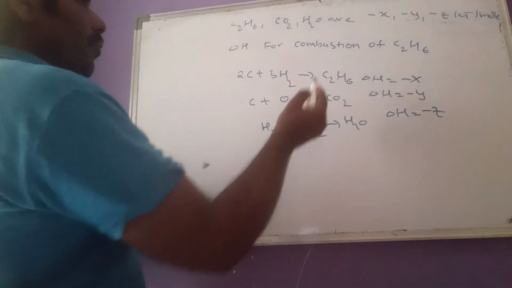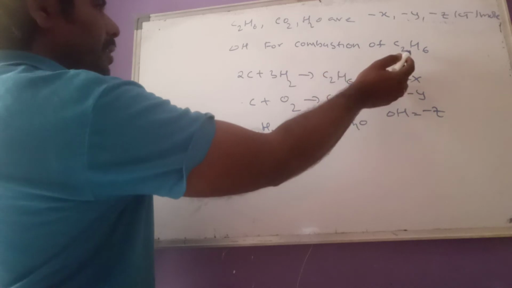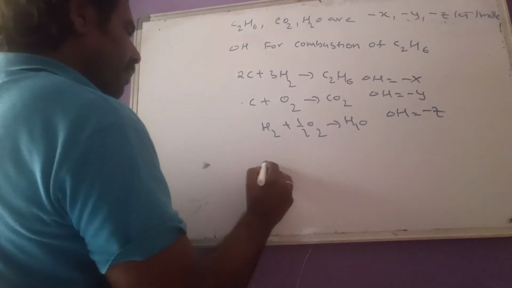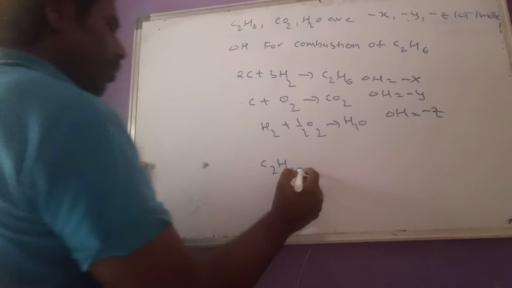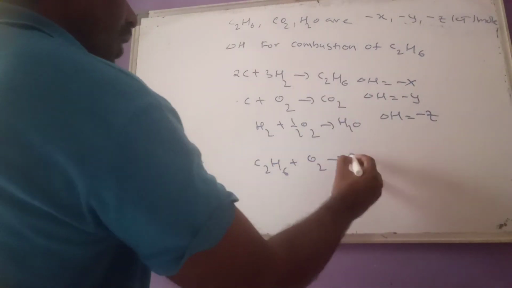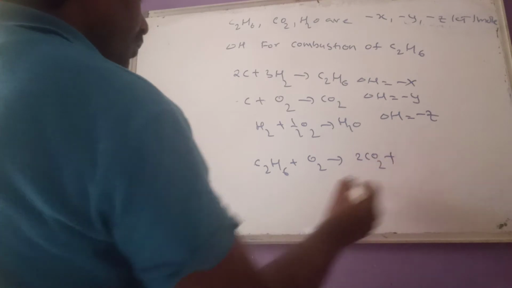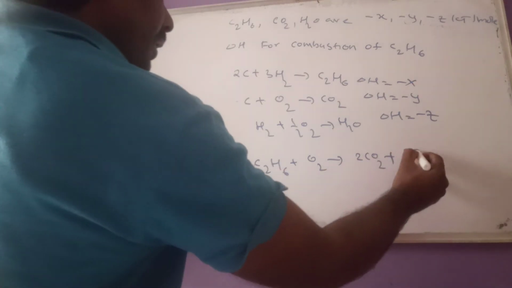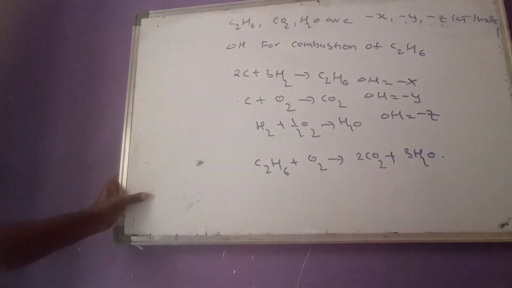Now we have to write the combustion equation for ethane: C2H6 plus O2 gives 2CO2, and as there are 6 hydrogens, 3H2O.